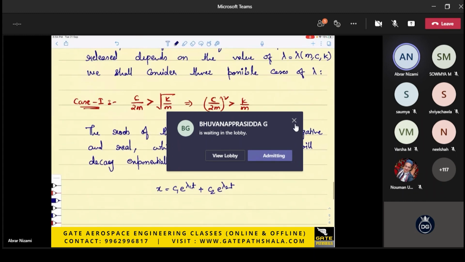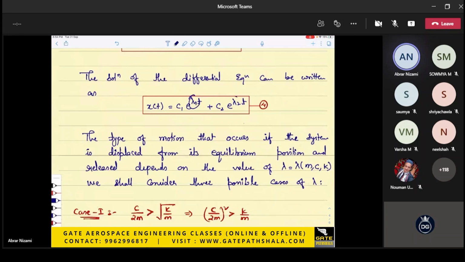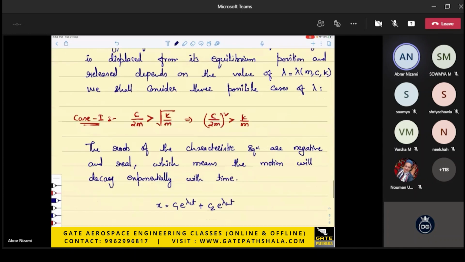Here both the powers lambda 1 and lambda 2, if they are negative, what will happen to the system? They will decay, that too in an exponential manner.